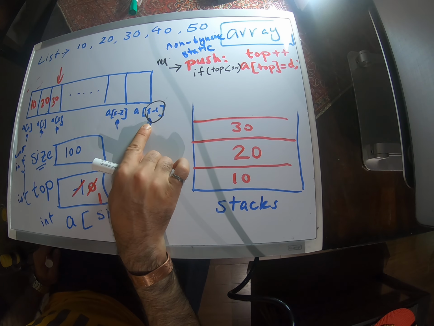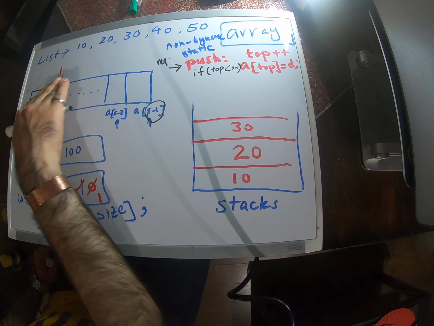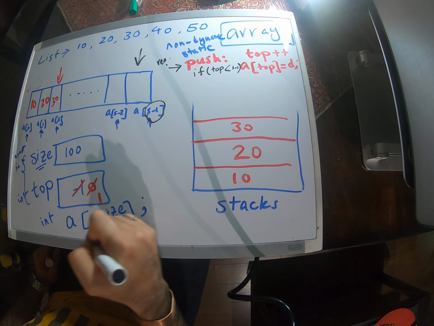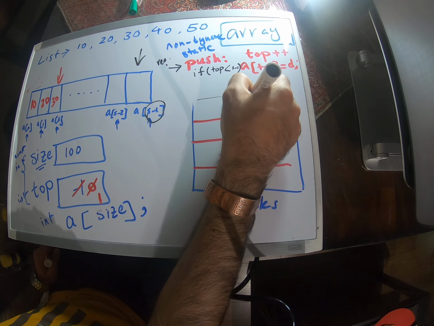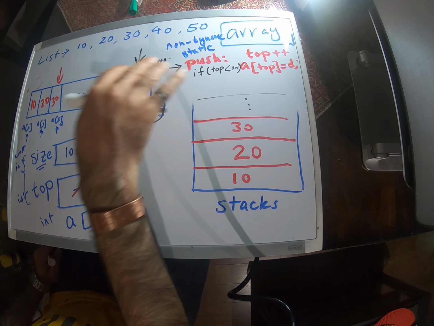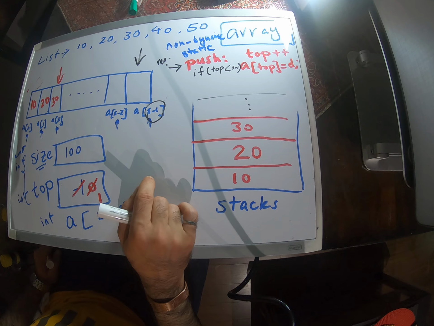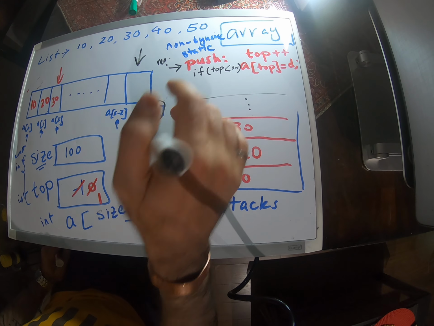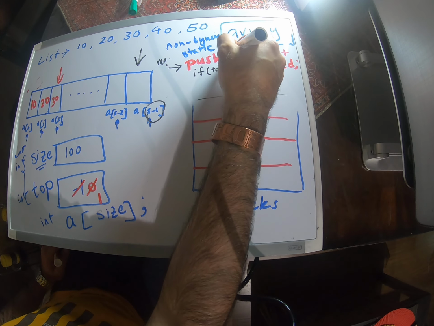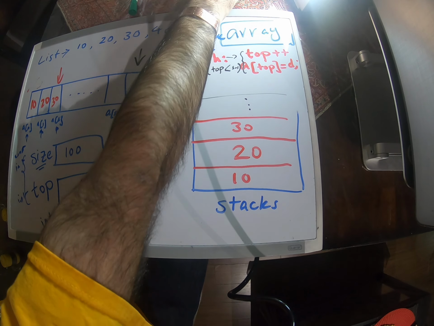If top is already here, it means that we have exhausted our array, so you can't push any more new items. This is something we have to consider before we push.